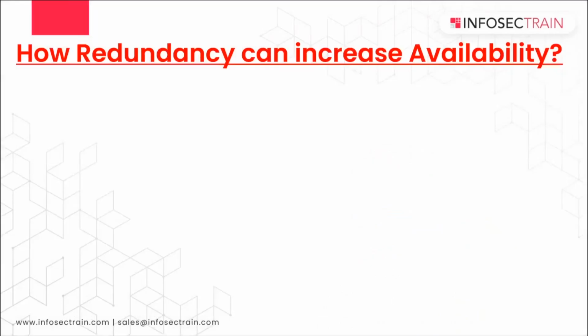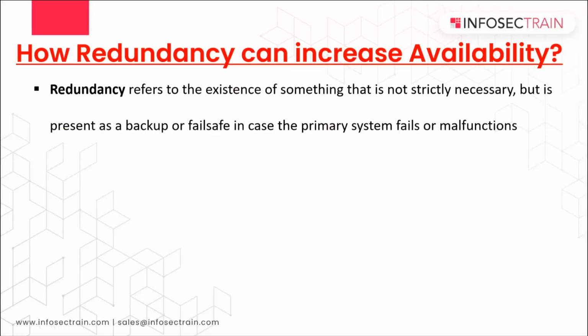So guys, let's see how redundancy can increase availability. If we talk about redundancy, we can simply say that redundancy is nothing but the existence of something that is not strictly necessary, but is present as a backup or fail safe in case the primary system fails or malfunctions.